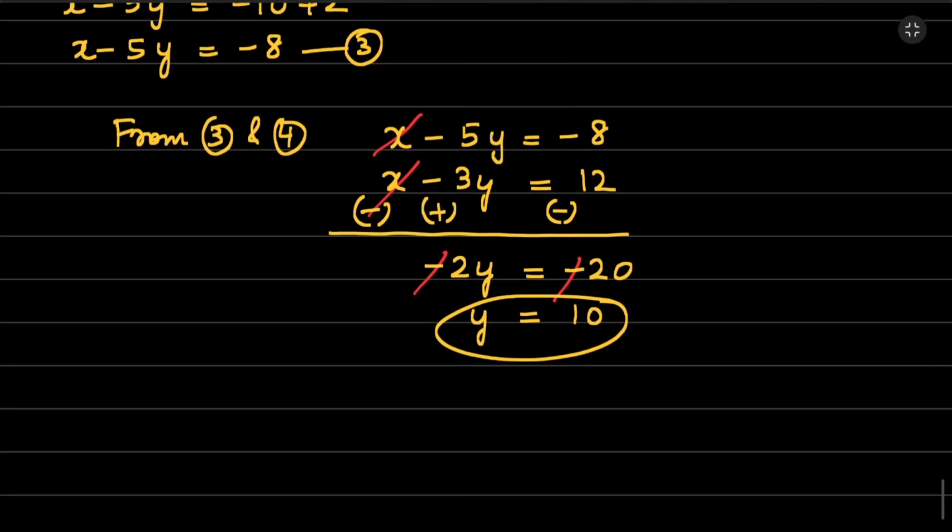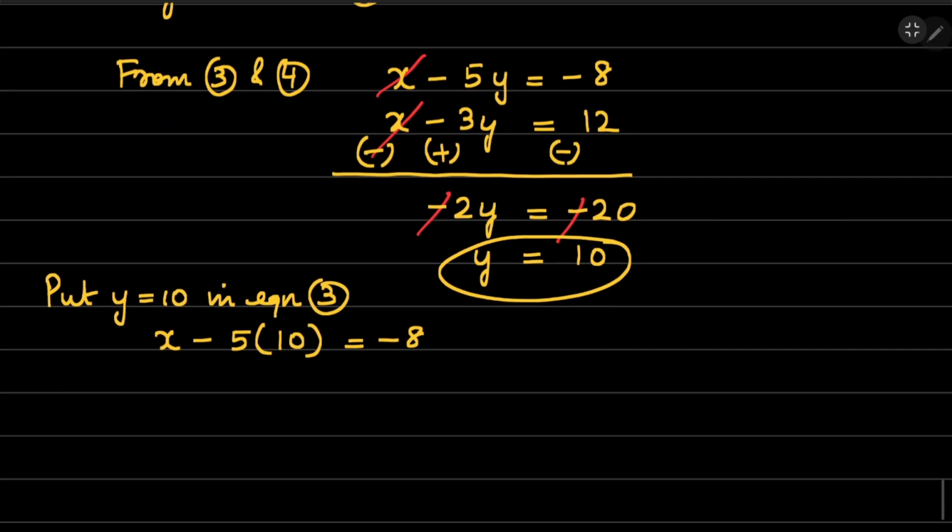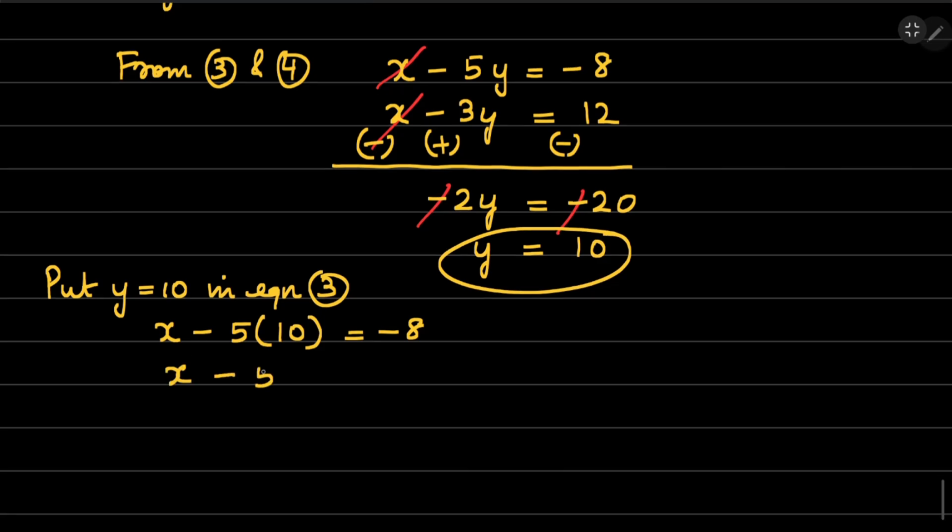Let's put this in any one of the equations. We can put y equal to 10 in equation 3. So x minus 5 into 10 equal to minus 8. So x minus 50 equal to minus 8. x is equal to minus 8 plus 50. What is 50 minus 8? It is 42.